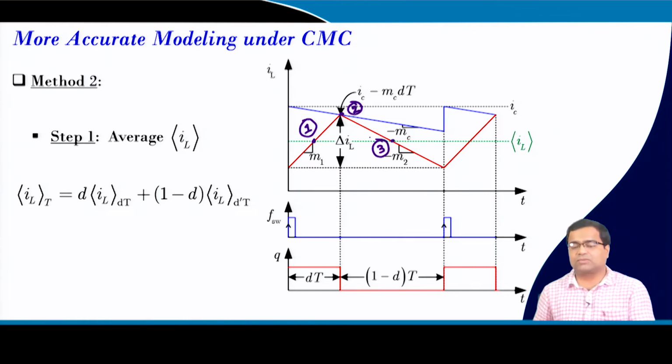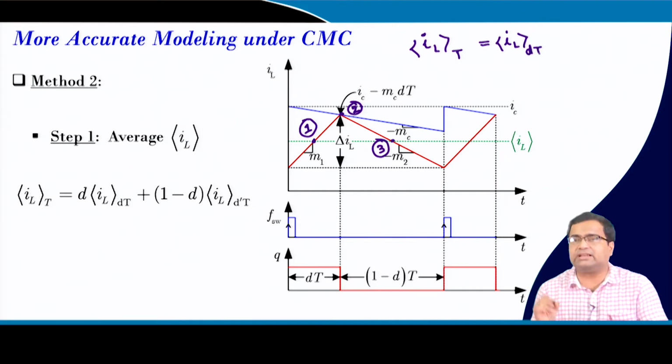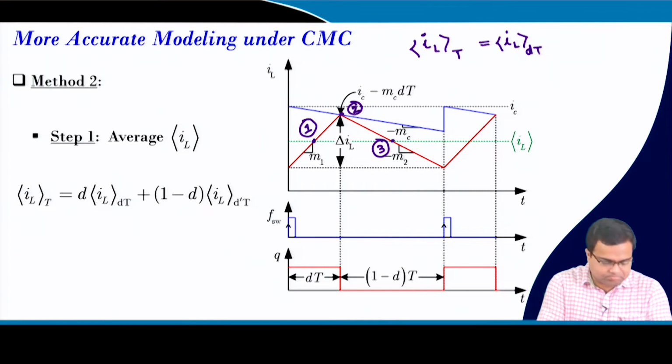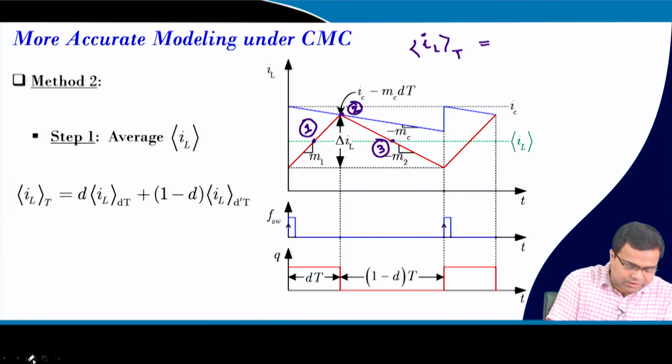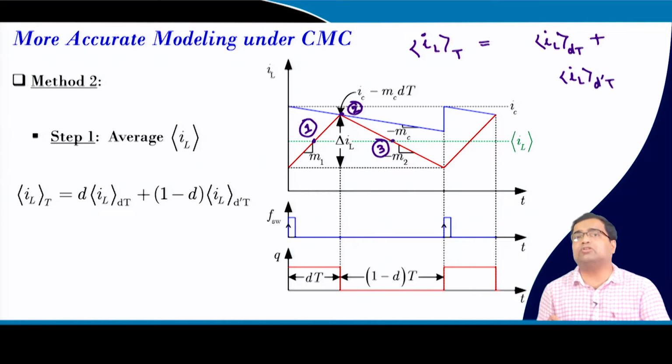So, what I am considering now here, my average inductor current over a cycle T is my average inductor current for the duration dt, plus the average inductor current due to d dash t, that is 1 minus dt.